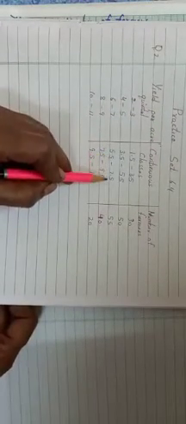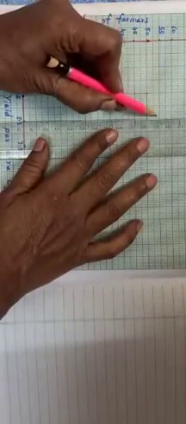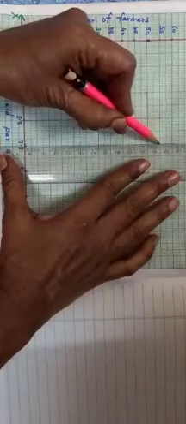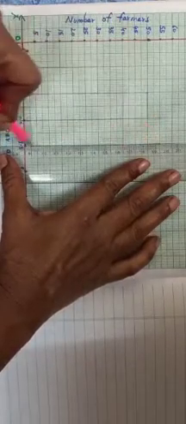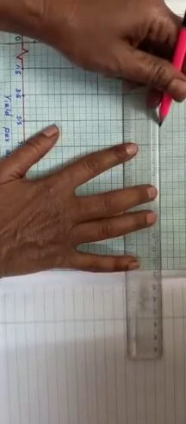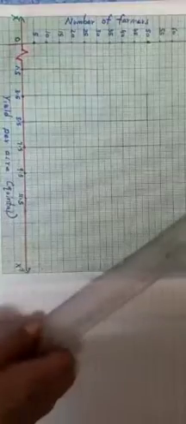Now for the third class, 5.5 to 7.5, the frequency is 55. See, here 55 is here. So I will show it like this.